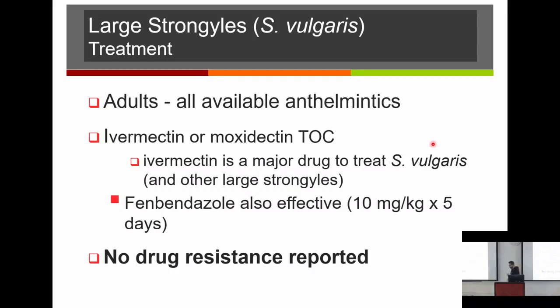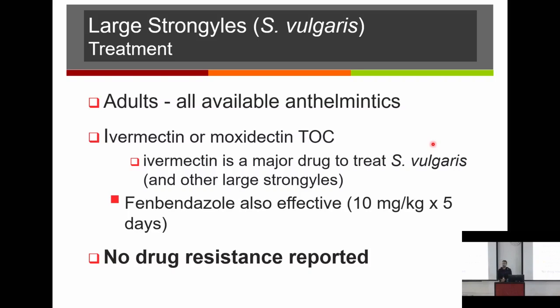Fenbendazole is also effective, and that was the first drug introduced in the 1960s to treat this Strongyles vulgaris group of parasite, and it worked perfectly at that time, and now ivermectin is one of the alternatives. That's why the management is very good, and the prevalence of this group of parasite is very low. No drug resistance has been reported in this group of parasite.